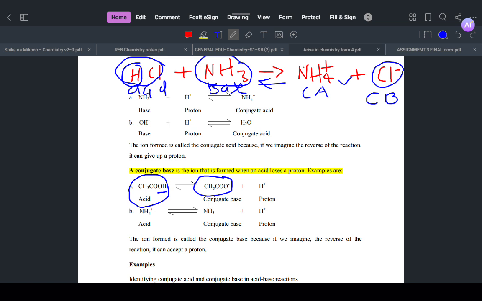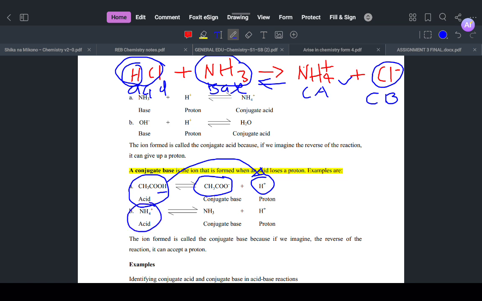A conjugate base is the ion that is formed when an acid loses a proton. For example, acetic acid loses this hydrogen ion, which originally was here, so it has been lost. What remains now is a conjugate base and a proton. Another case is ammonium.